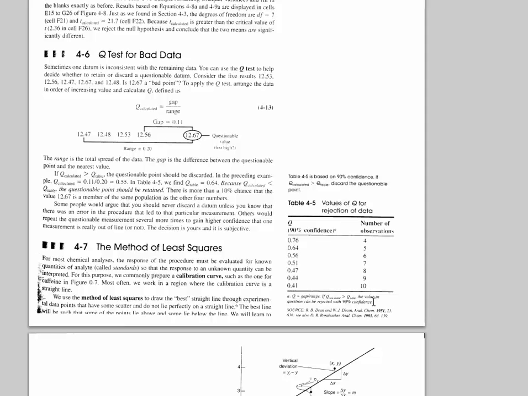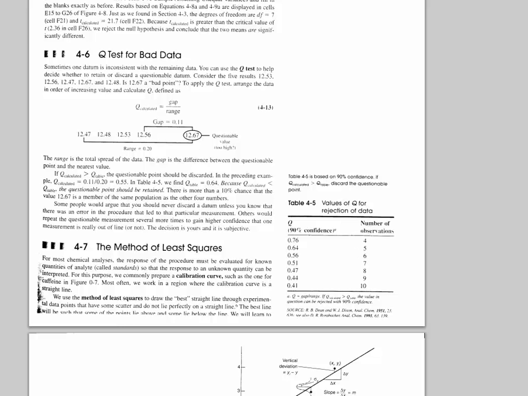So this table is based on a 90% confidence, which is what the Q is going to be based on every single time for us. And then over here to the right is the number of observations. Notice it's not the number of degrees of freedom. It's the actual number of measurements that you have.